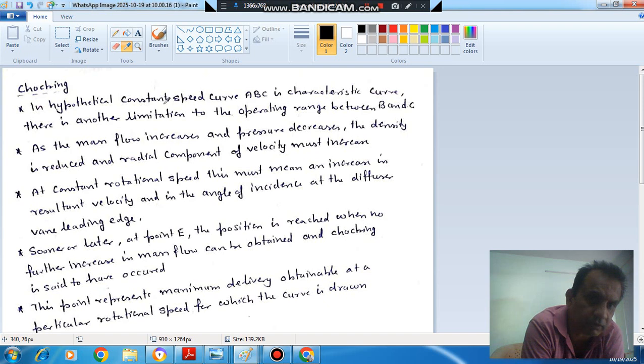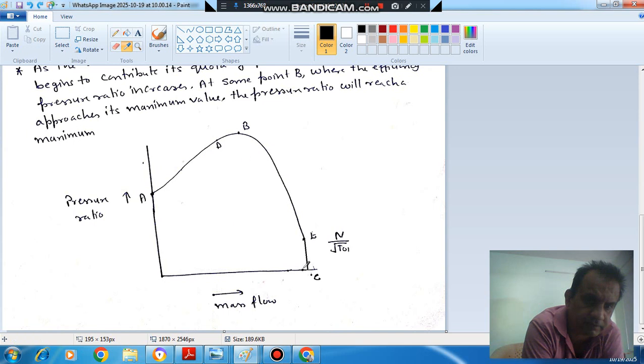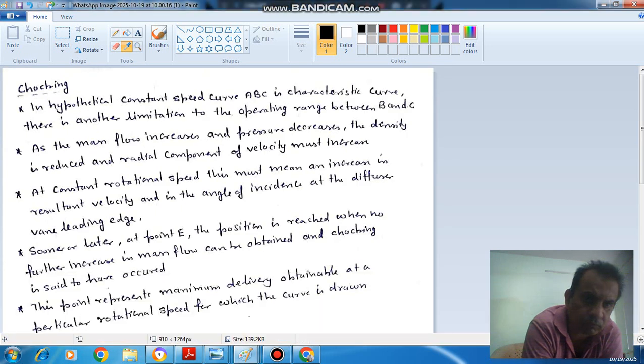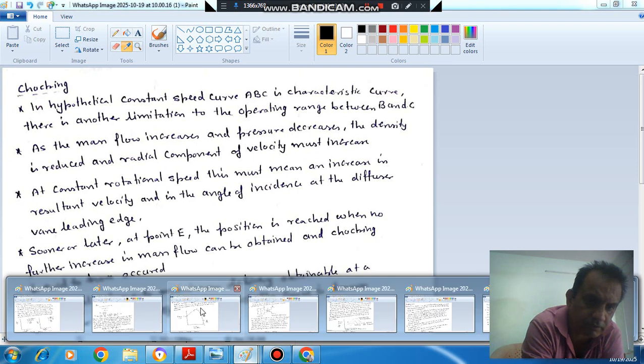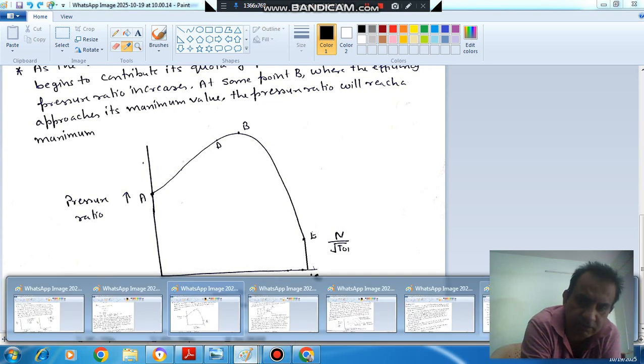In the hypothetical constant speed curve, ABC is the characteristic curve. There is another limitation to the operating range between B and C. So now we'll talk about between B and C. As the mass flow increases, the pressure decreases. Here, if we increase the mass flow rate, then the pressure ratio decreases, which means the final pressure is decreasing.